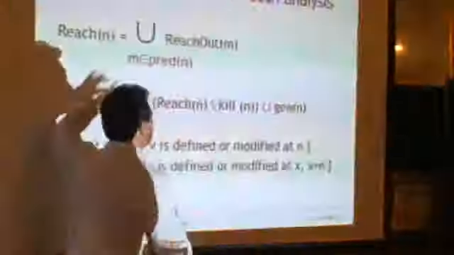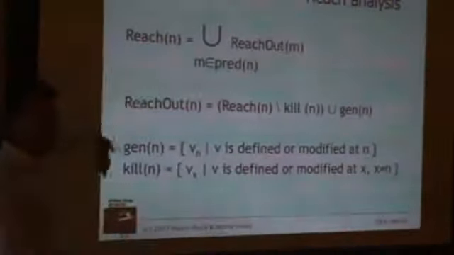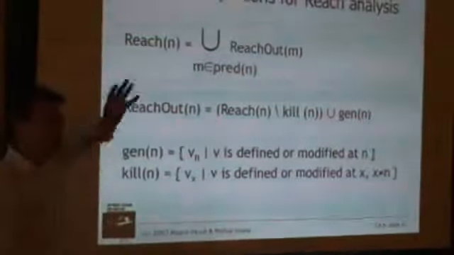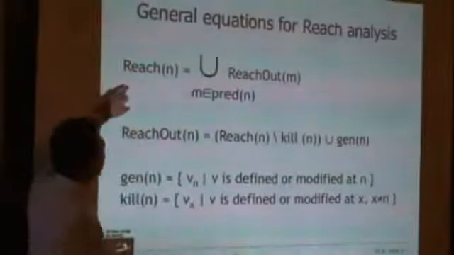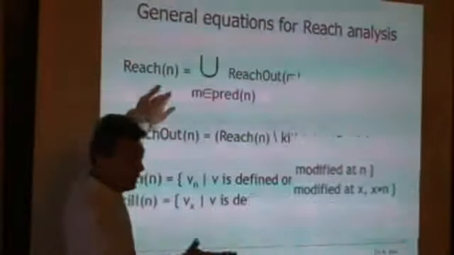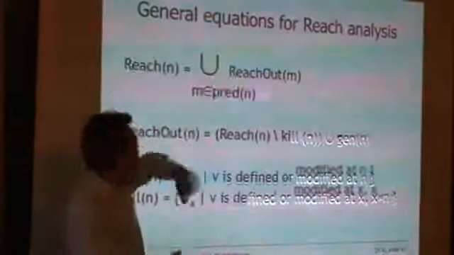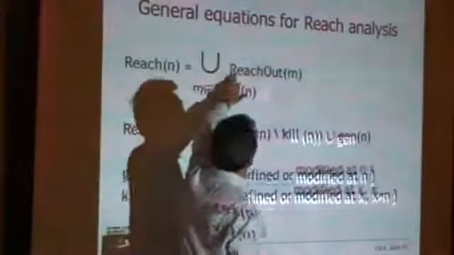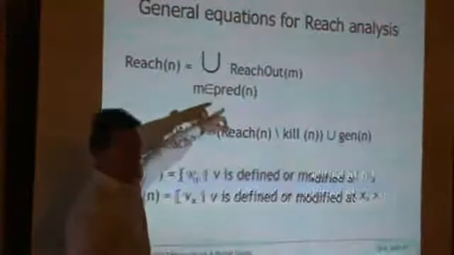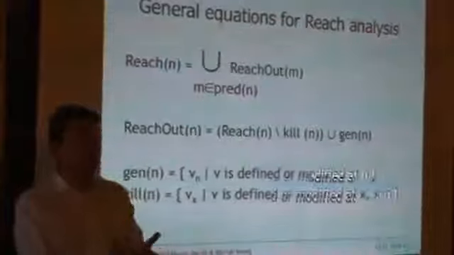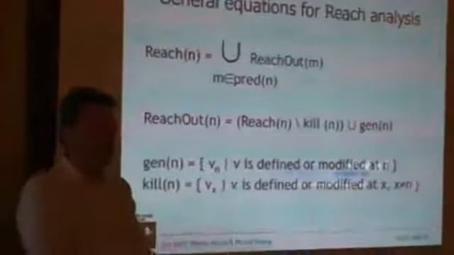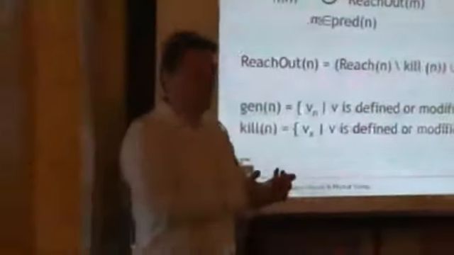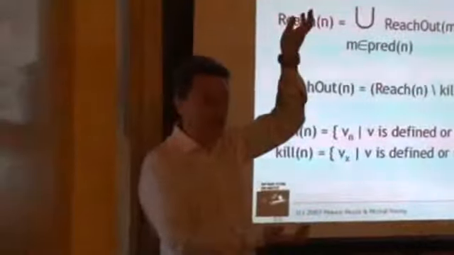And then you have this idea, and you have to split it a bit, because you can't update gen and keep in parallel. So you have this reach idea. You can reach the definition if it's the union of reach out of the predecessors. So whatever can reach this node is the union of whatever is reachable after the predecessors.